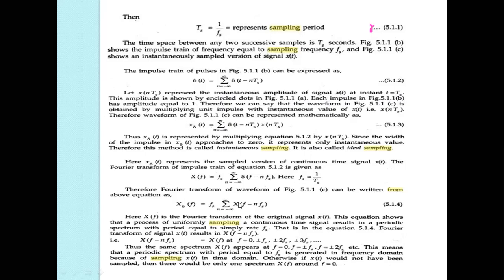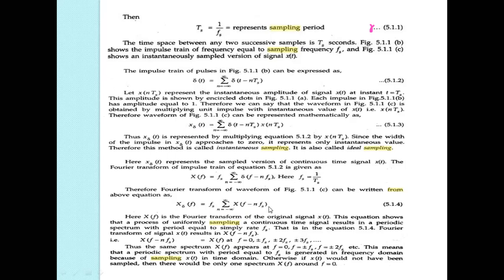Before applying the Fourier transformation, first of all, you convert this x delta of t as a function in terms of delta Ts of t. The equation is x delta of t equal to Fs times the sum over n from minus infinity to infinity of X of f minus n Fs.